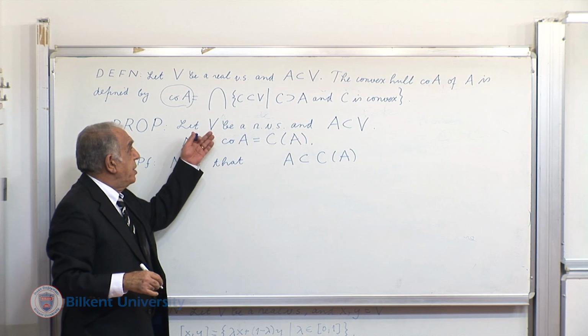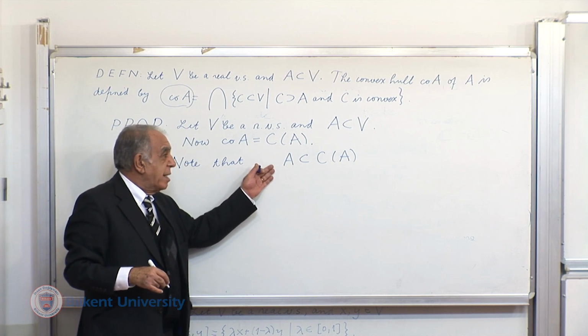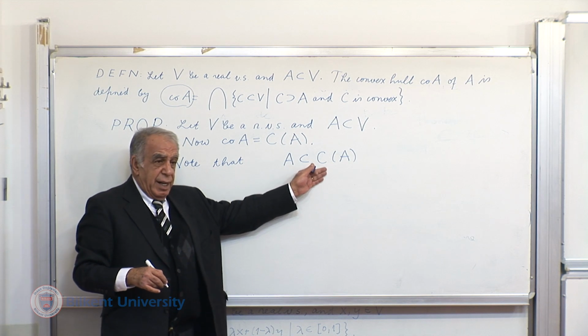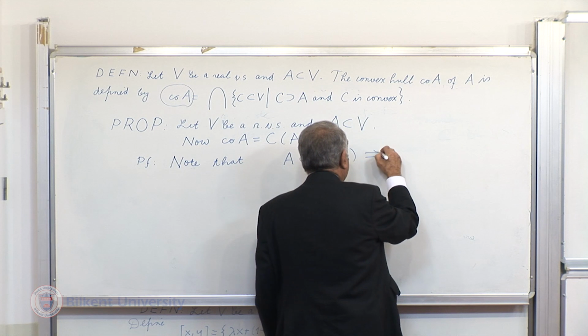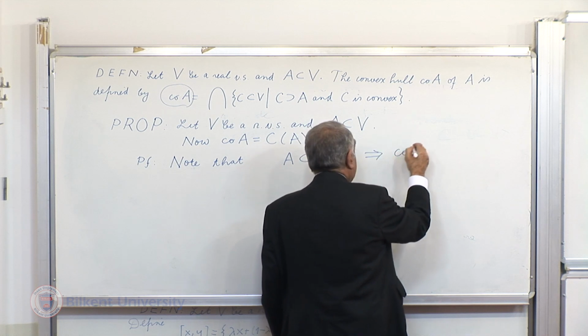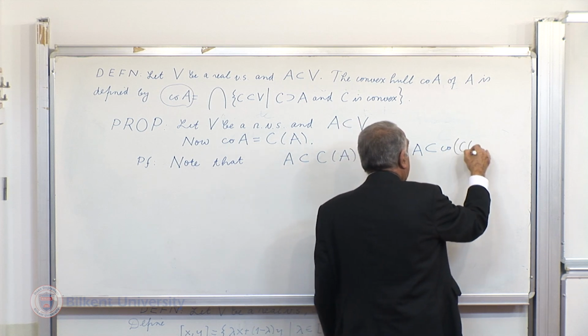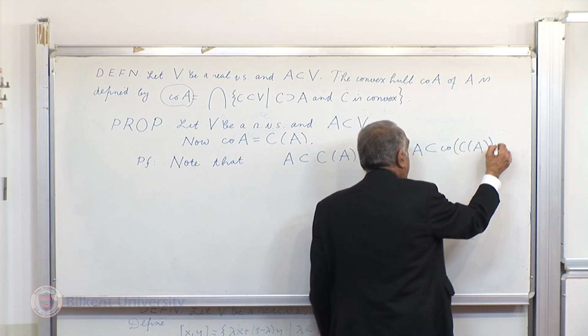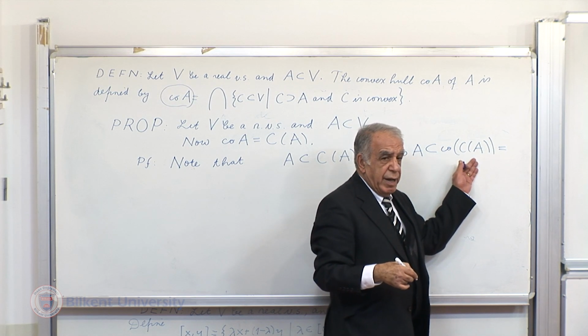But by definition of the convex hull, this means that the convex hull of A is contained in the convex hull of C of A. But what do we know about C of A?